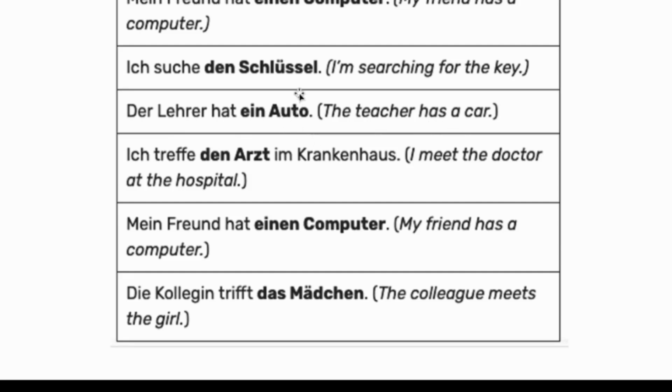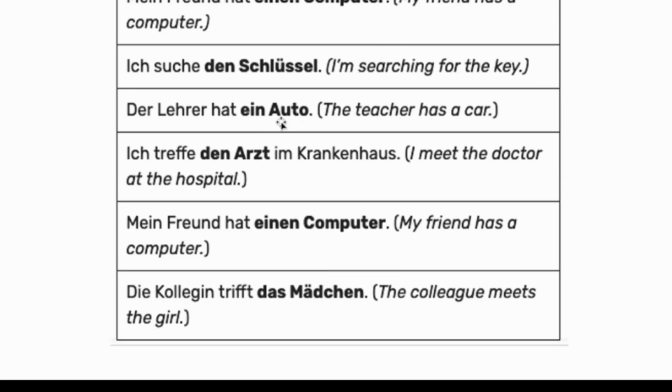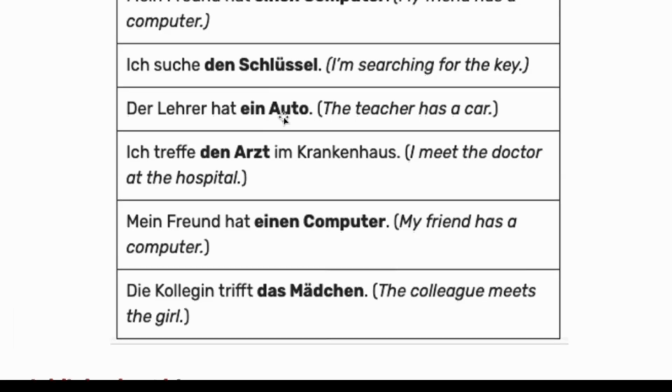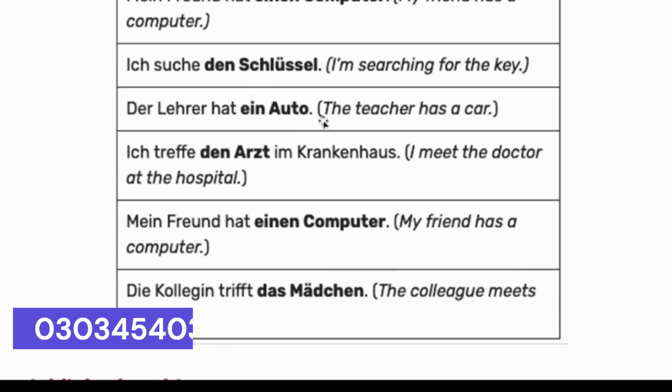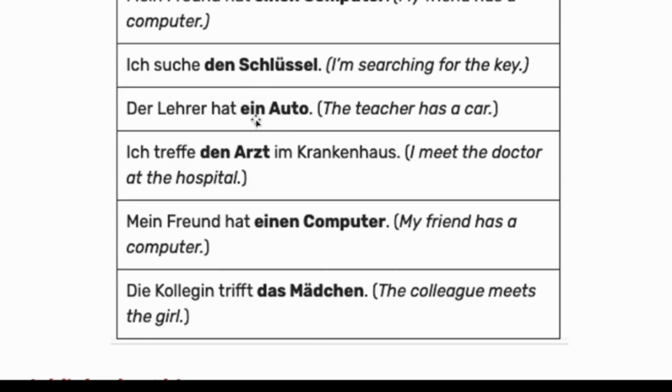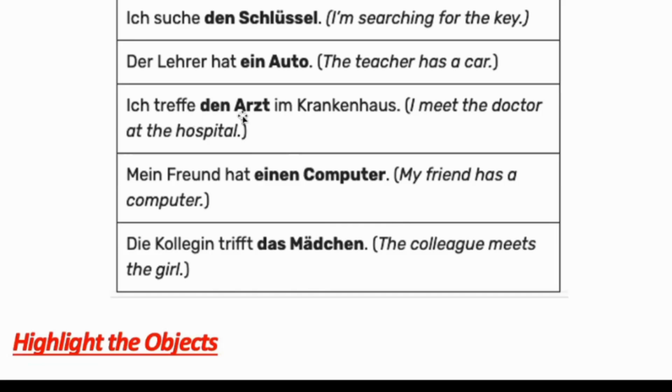Der Lehrer hat ein Auto. The teacher has a car. Can you help me to identify the gender for Auto? Is it a masculine noun, feminine, or neuter noun? You can say it is a neuter noun, because according to the article at the object, we can call it a neuter noun. Ich treffe den Arzt im Krankenhaus.